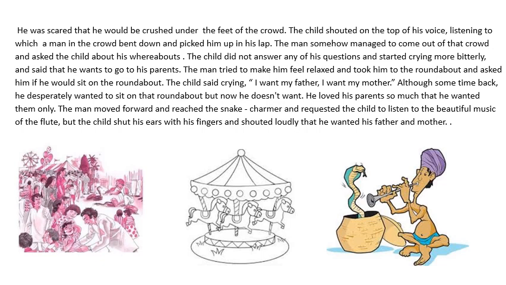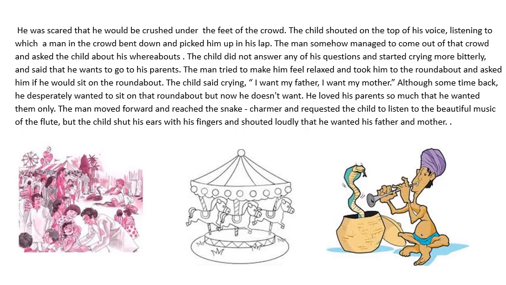The man tried to make him feel relaxed and took him to a roundabout and asked him if he would sit on it. The child said, crying, "I want my father, I want my mother." Although some time back he desperately wanted to sit on that roundabout, now he didn't want to. He loved his parents so much that he wanted only them.